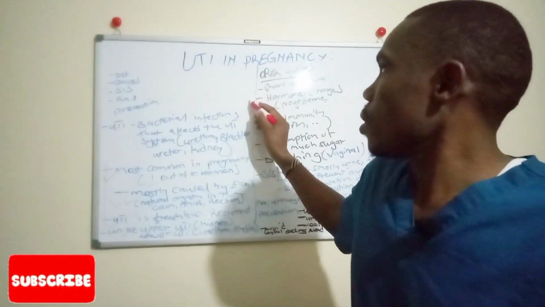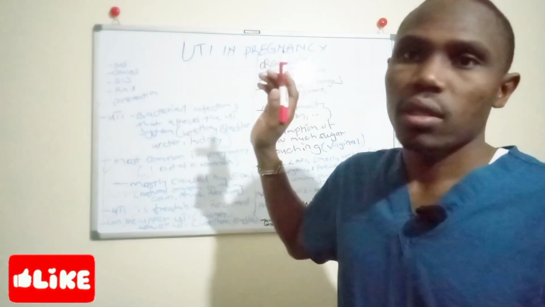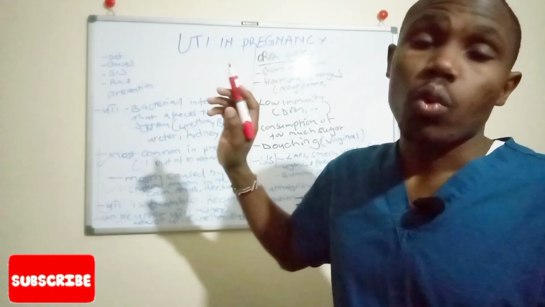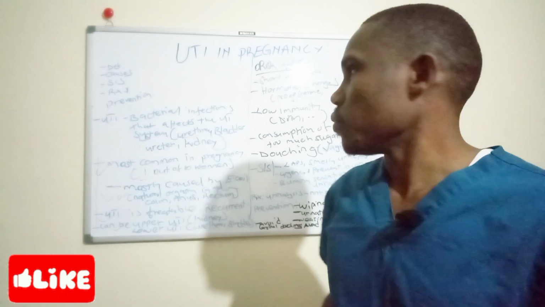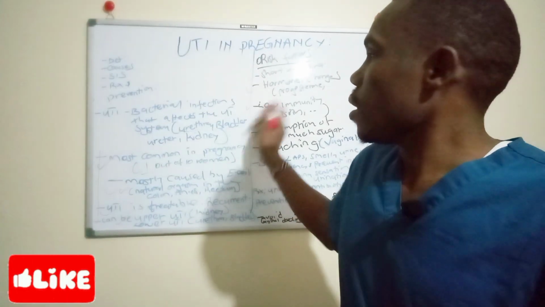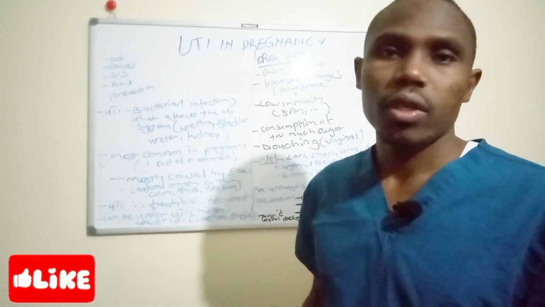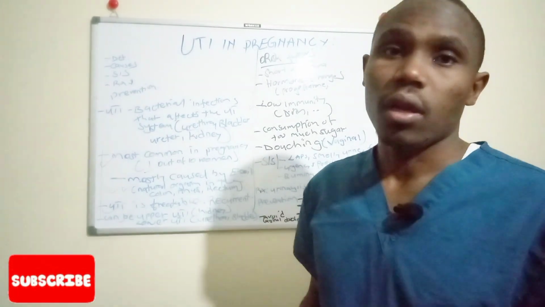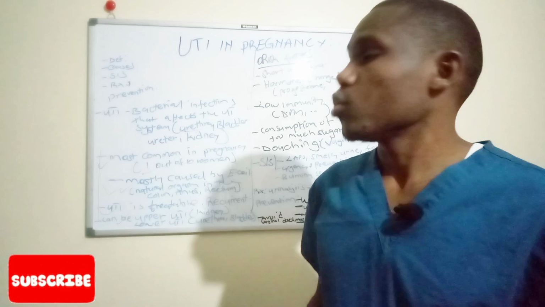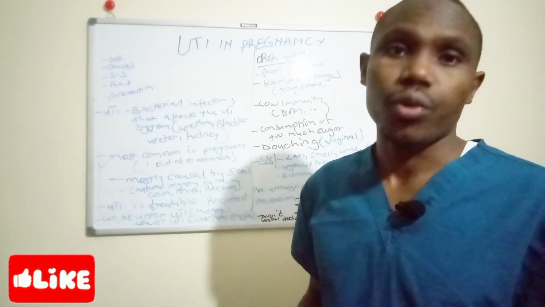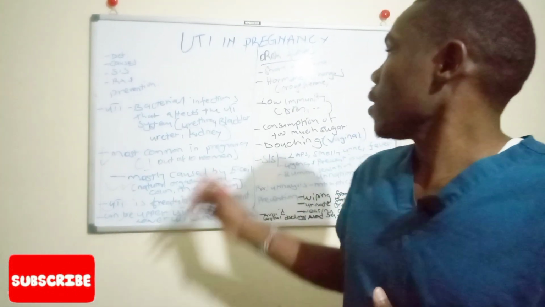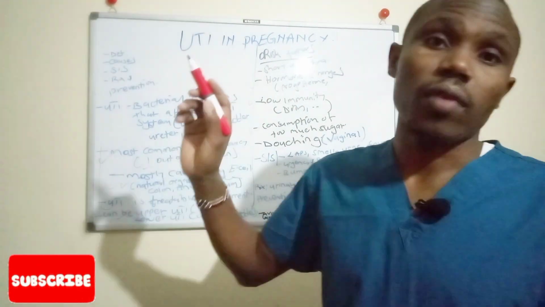The other thing is that during pregnancy there are hormonal changes. This may expose one to have these urinary tract infections. The other thing is women who have what we call low immunity, maybe diabetes and all other conditions. This may also expose one to have urinary tract infection. The other thing is the consumption of sugar.